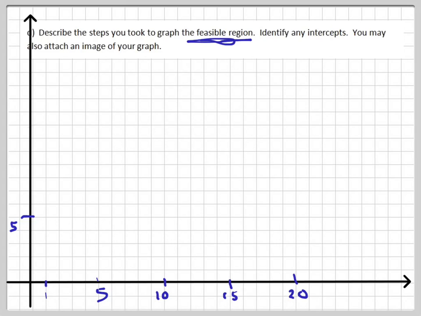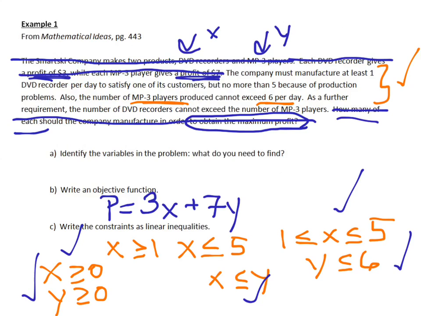Alright, so the feasible region, if you look back at the vocabulary, this is kind of the region that is the overlap between all of those different constraints. So what I need to do next is to graph each of these constraints. So I have X is between 1 and 5. I have Y is less than or equal to 6.